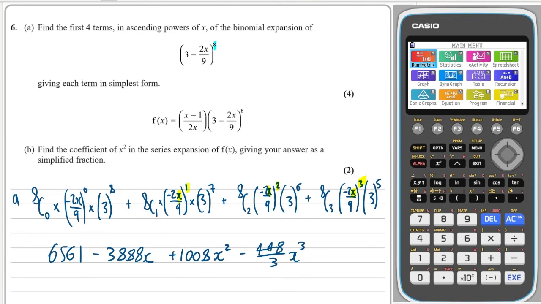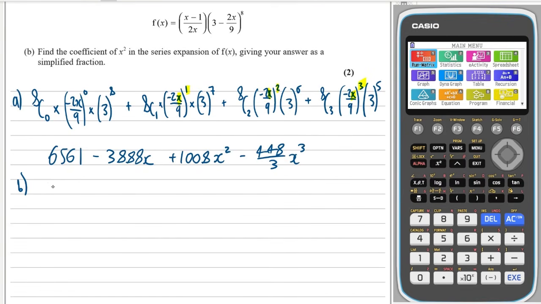Okay, part B asks us to multiply that binomial by this bracket. Now that bracket, first off, can be rewritten as x over 2x minus 1 over 2x, which is the same as 1/2 minus 1 over 2x.